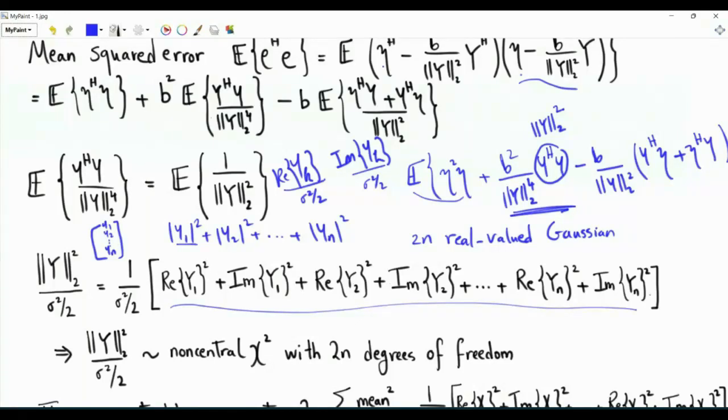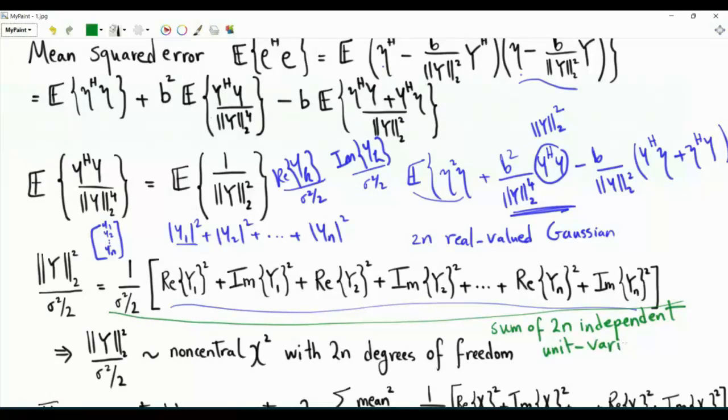So if we take those random variables and divide by sigma squared over 2, we have the sum of 2n independent unit variance real and imaginary parts. They are independent because each component in Y is independent of each other component, and because Y is circularly symmetric, the real and imaginary parts are independent of one another.